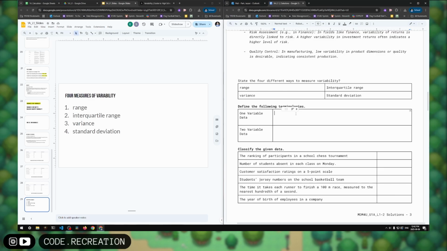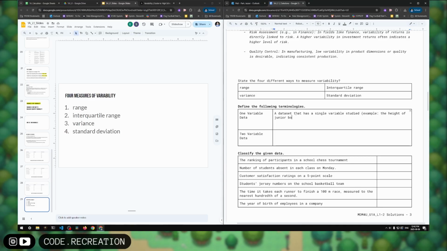One variable data: a data set that has a single variable studied. Example, the height of junior boys soccer team members in GWW. So single variable.